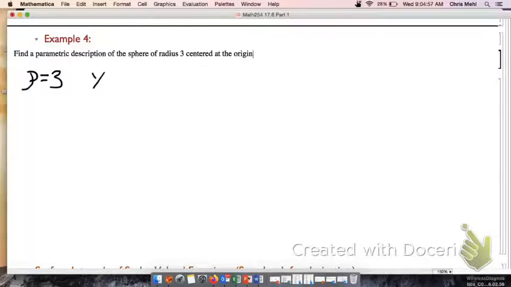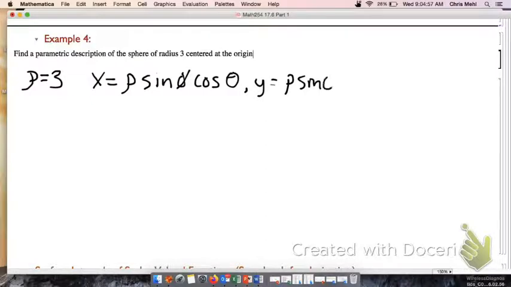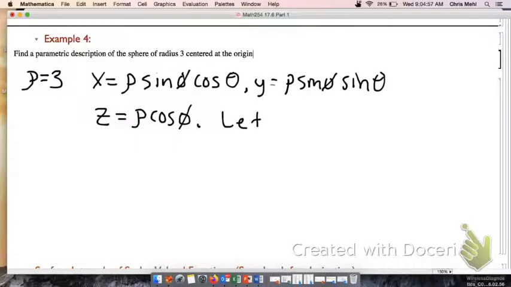And then remember, you have an x coordinate, which would be rho sine phi cos theta. Y would be rho sine phi sine theta, and the z coordinate was rho cosine phi. Okay, now the easy thing to do here is to let u equal your theta, let v equal your phi.